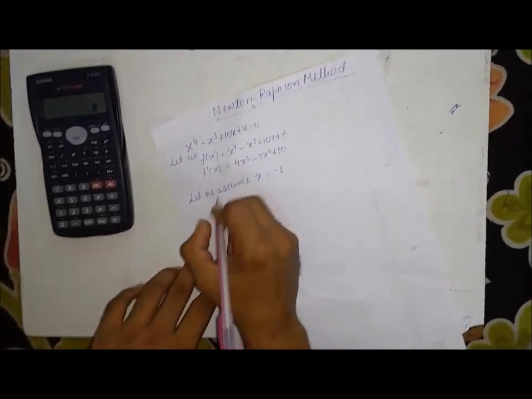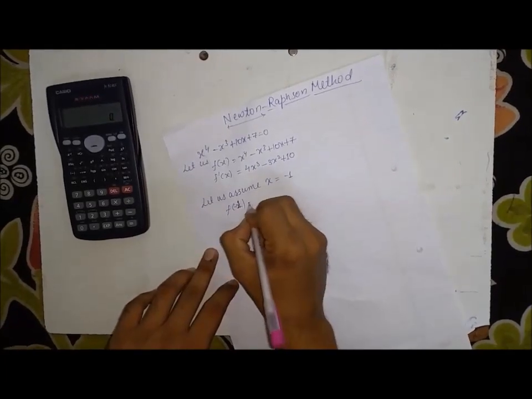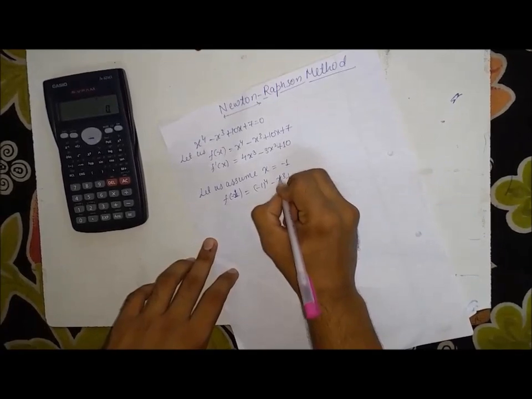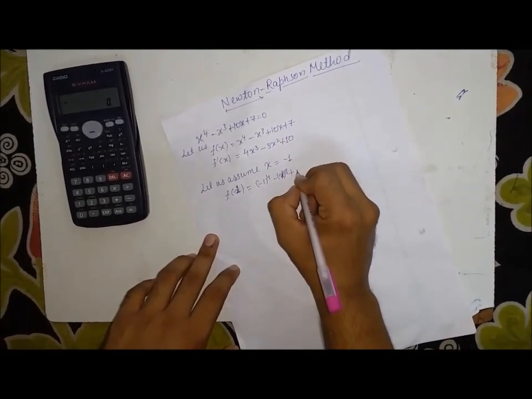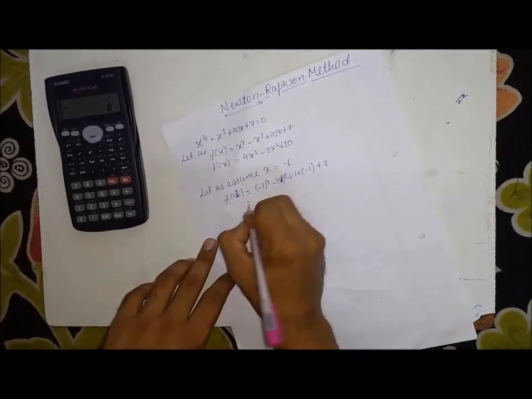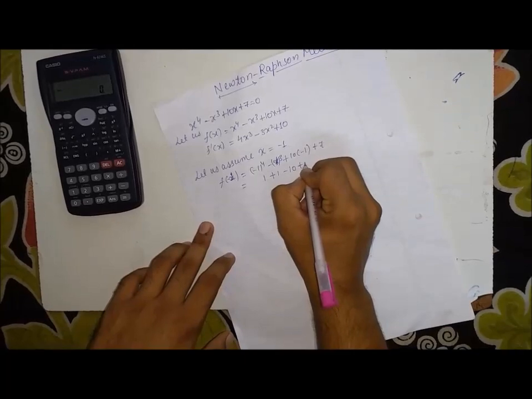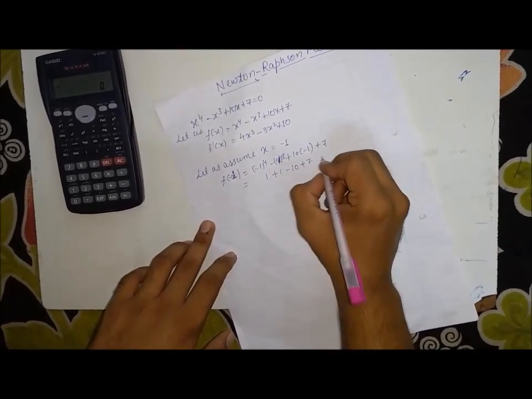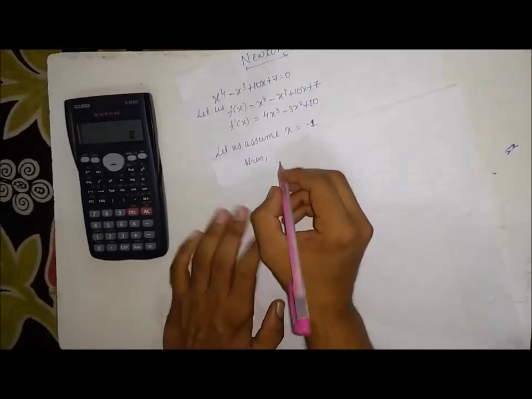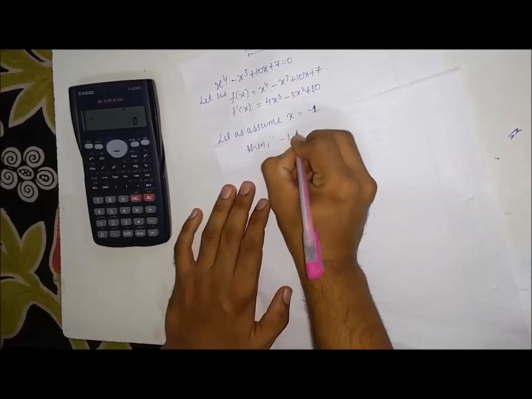So keeping this value in f of x, then by keeping the value of x equals to minus 1, it comes minus 1, which is less than 0.